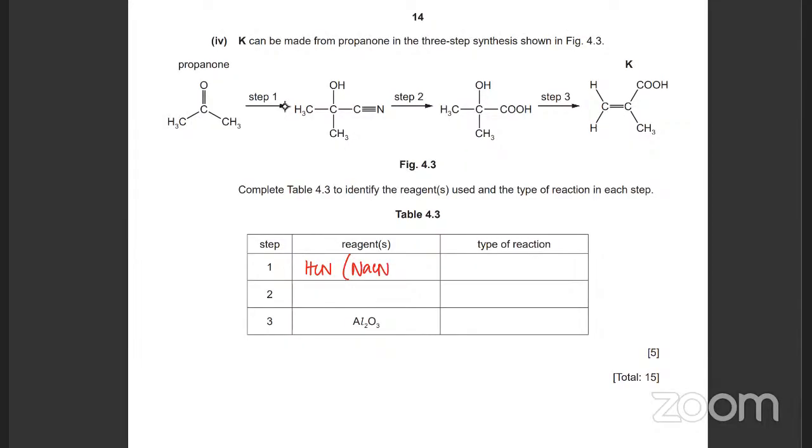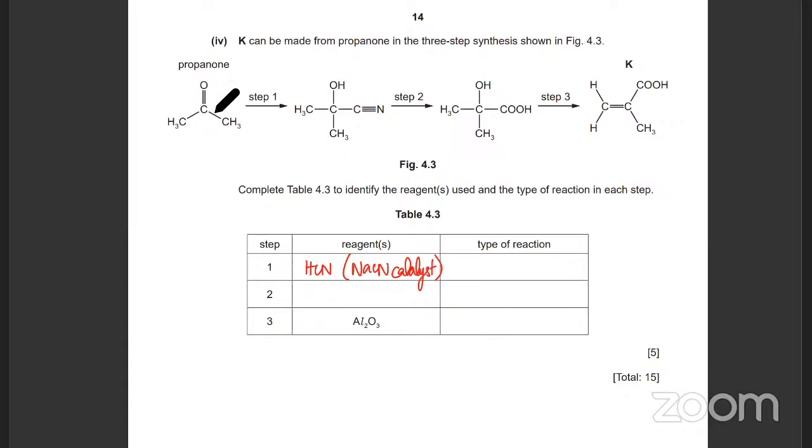If we write HCN in NaCN, is it wrong? It's not in NaCN, it's just that there's some amount of NaCN that's added to speed up the reaction. It's probably acceptable, but it's HCN and NaCN as the catalyst.